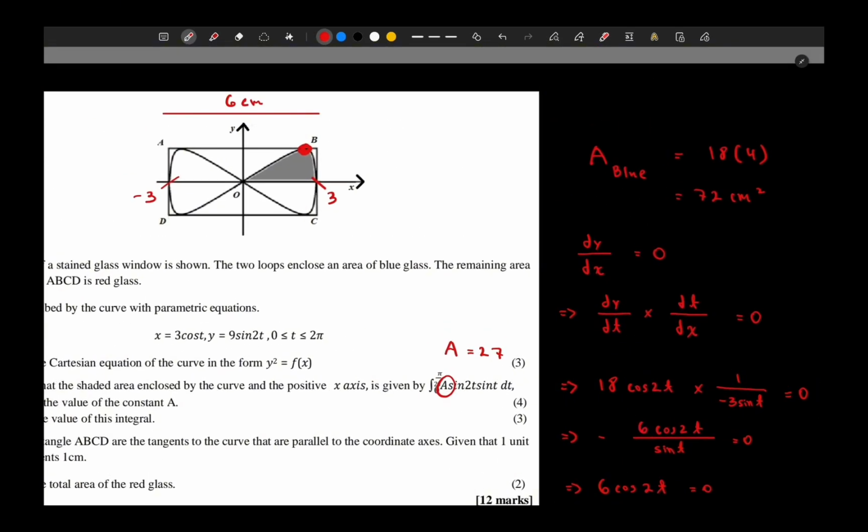So we can find out the y coordinate using this equation. 9 sine 2 times pi over 4. So that gives us 9. So if this is 9, this will be negative 9. So the length of this will be 18 centimeters.